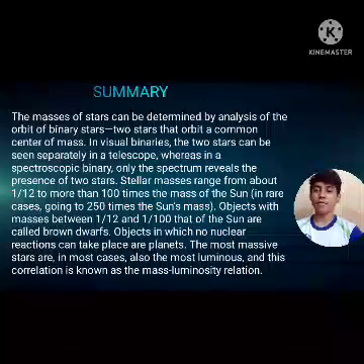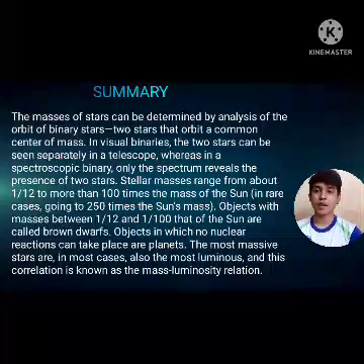To sum everything up, the masses of stars can be determined by the analysis of the orbits of binary stars, two stars that orbit a common center of mass. In visual binaries, the two stars can be seen separately in a telescope, whereas in a spectroscopic binary, only the spectrum reveals the presence of the two stars.